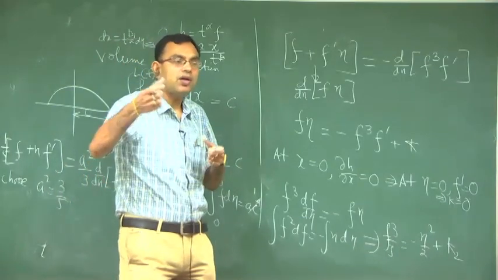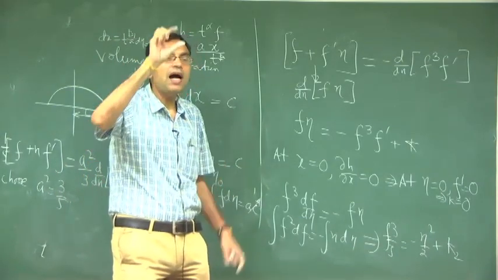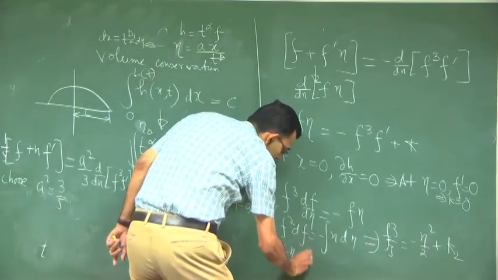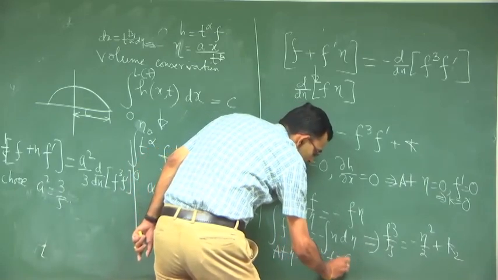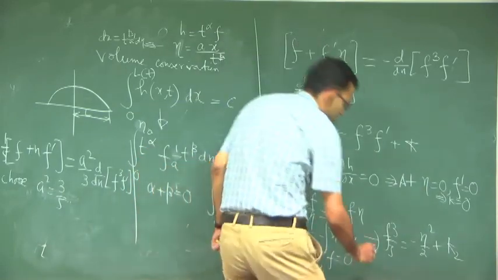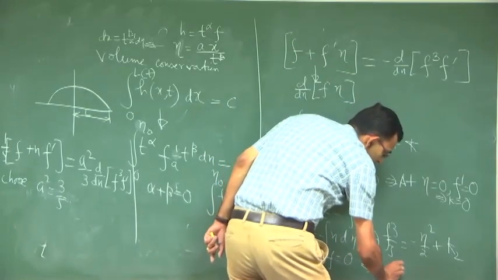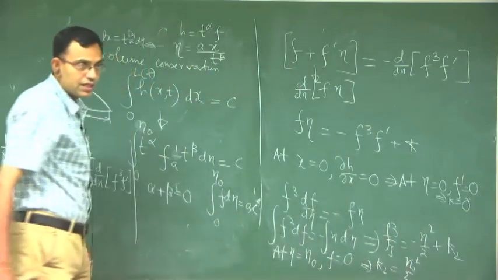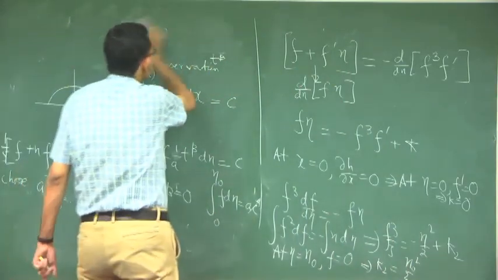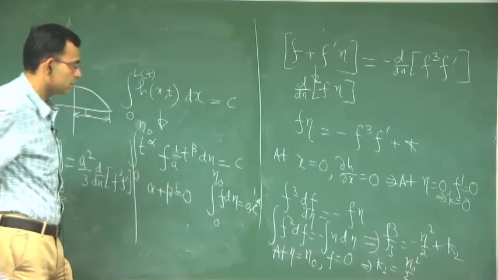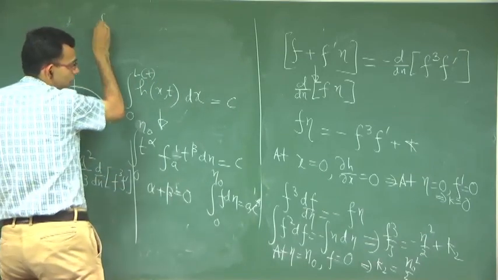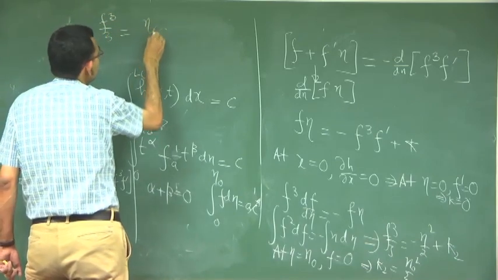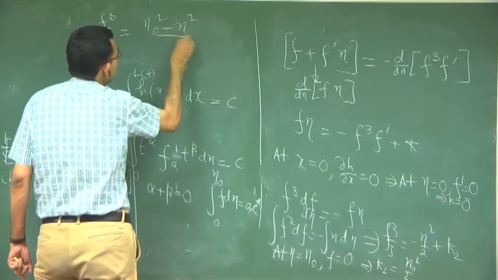At eta equal to eta naught, which is the footprint, the height is 0, that is f equal to 0. So, at eta equal to eta naught you have f equal to 0. So, k2 is equal to eta naught square by 2. So, we get the solution f cube by 3 is equal to eta naught square minus eta square by 2.